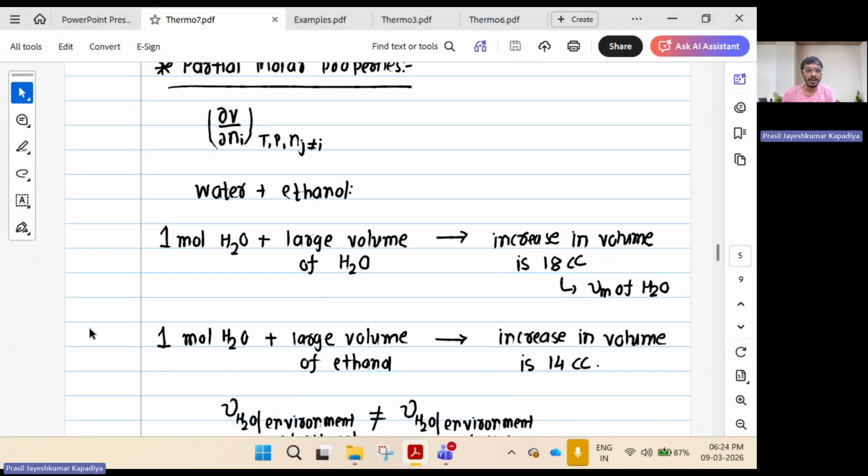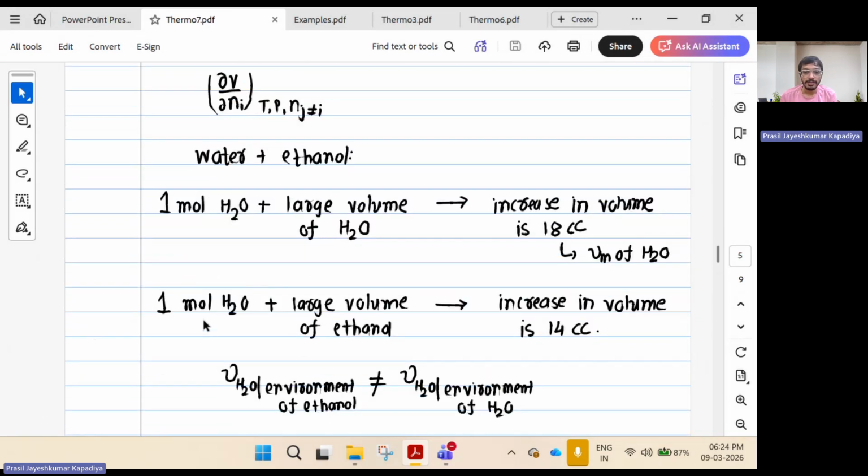But let's say I am adding 1 mole of water in a very large quantity of ethanol. What is going to happen? Let's say my initial volume was V. This large volume of ethanol contained the volume of V. And when I am adding 1 mole of water, meaning 18 cubic centimeters of its volume, what should be my increase in the ethanol case also? We expect that it should increase by 18 cubic centimeters, but in reality it does not increase by 18 cubic centimeters. It increases only by 14 cubic centimeters.